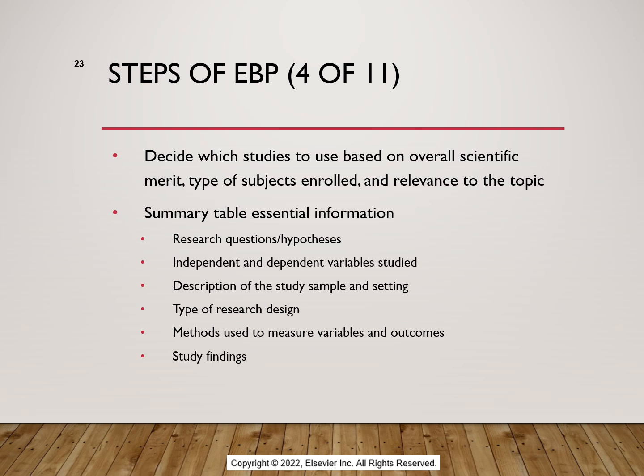You list all your articles, and then across the top, you would then include all of the elements on the bullet points there. And this helps you, at a glance, group articles to make more sense.